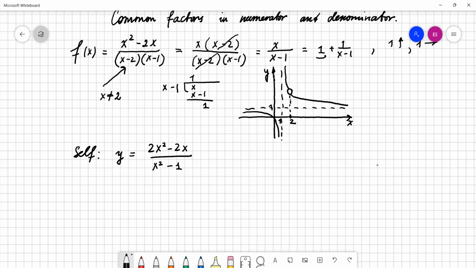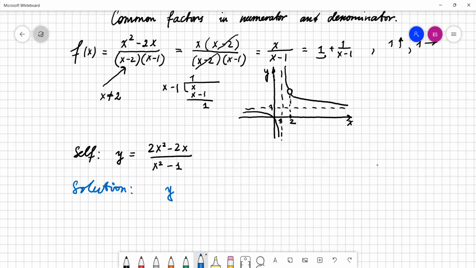Again, I'm asking you to graph it, and I want you to remember the possible hole in the graph. Remember that zeros of the denominator are going to be undefined for this function. And sometimes they will give you a vertical asymptote, and sometimes they will just give you a hole in the graph. So I'm going to put a solution, okay?